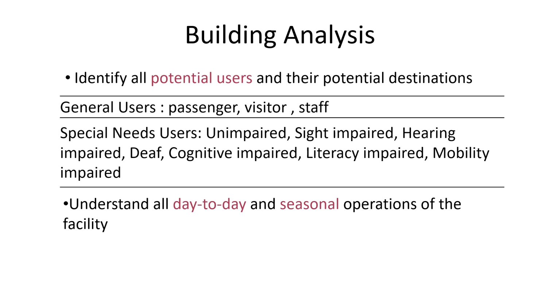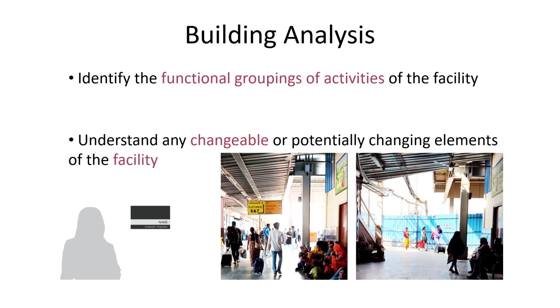Through proactive planning and strategic design, facilities can effectively address the evolving needs of their operations while maintaining optimal functionality and accessibility for the visitor. Functional grouping of activities involves categorizing different areas based on their purpose.